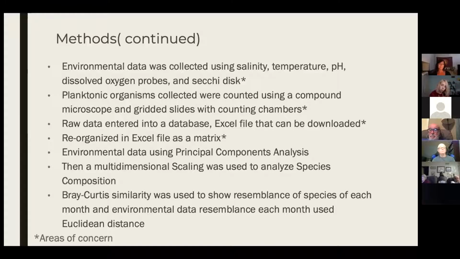And so we use a technique called the Bray similarity analysis. And so that can show us, was today's sample very similar to last week's sample, or was it very, very different? Was today's summer sample very, very different from winter sample, or was it very, very similar? And so again, that's what the Bray-Curtis similarity can tell us.